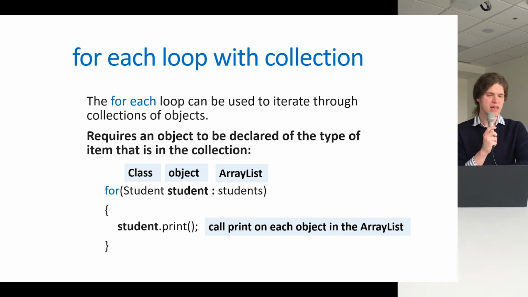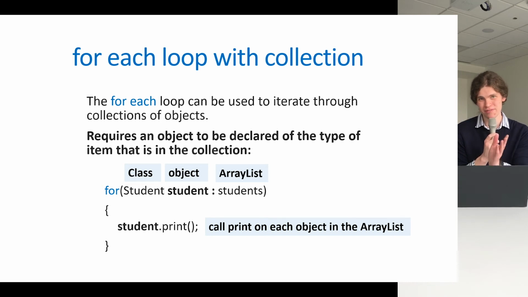So if you remember, for each loop is where we refer to a collection. We've got our students collection. It sits on the right-hand side of the colon. And then we create a reference, a temporary object, if you like, that just refers to each one of the objects in the collection. It's of student type, so that's why we see the student class there, and then the temporary object is student.